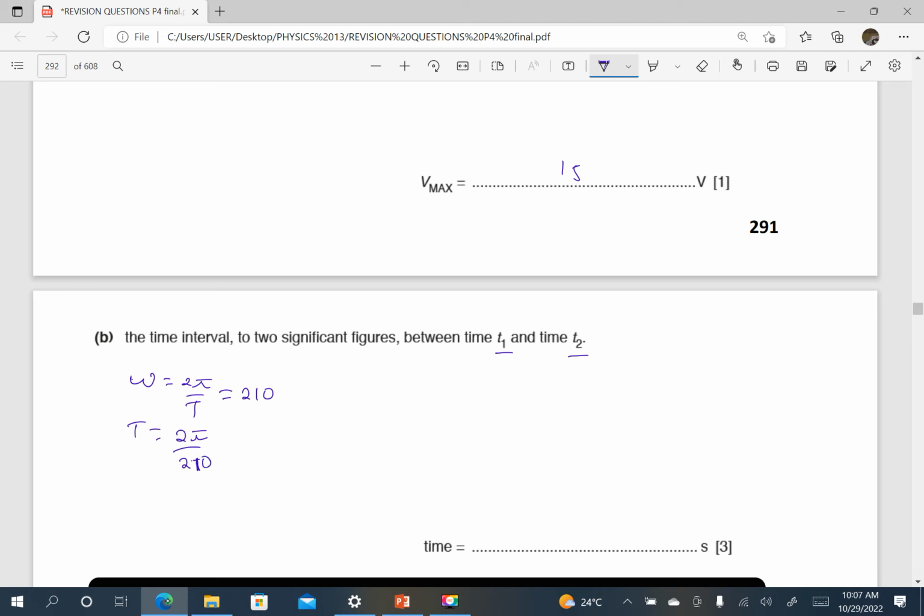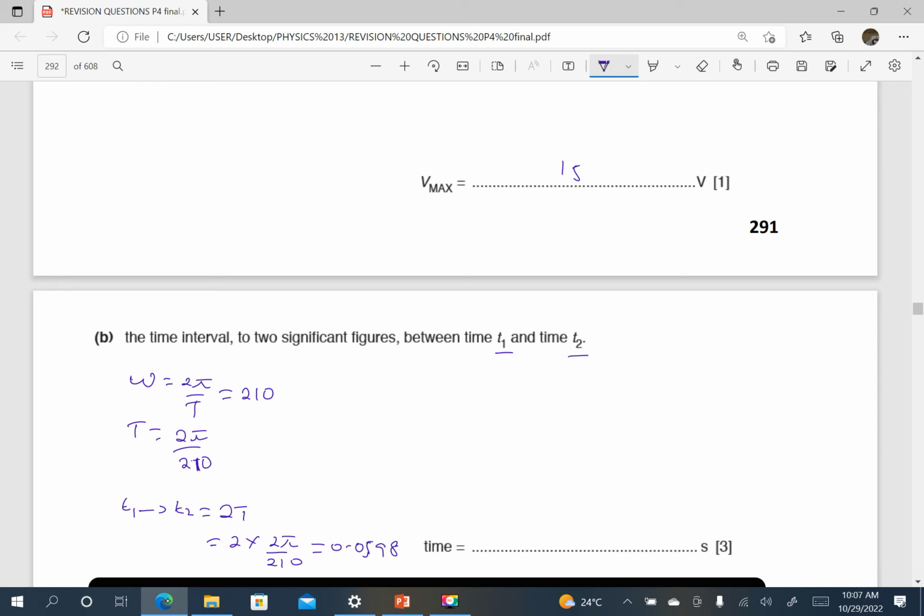And remember, we have seen the time between t1 and t2 is twice the period, so we shall multiply this by 2. So this will be 2 times 2 pi over 210. Pressing my calculator, that is 2 pi times 2 divided by 210. So this is 0.0598.